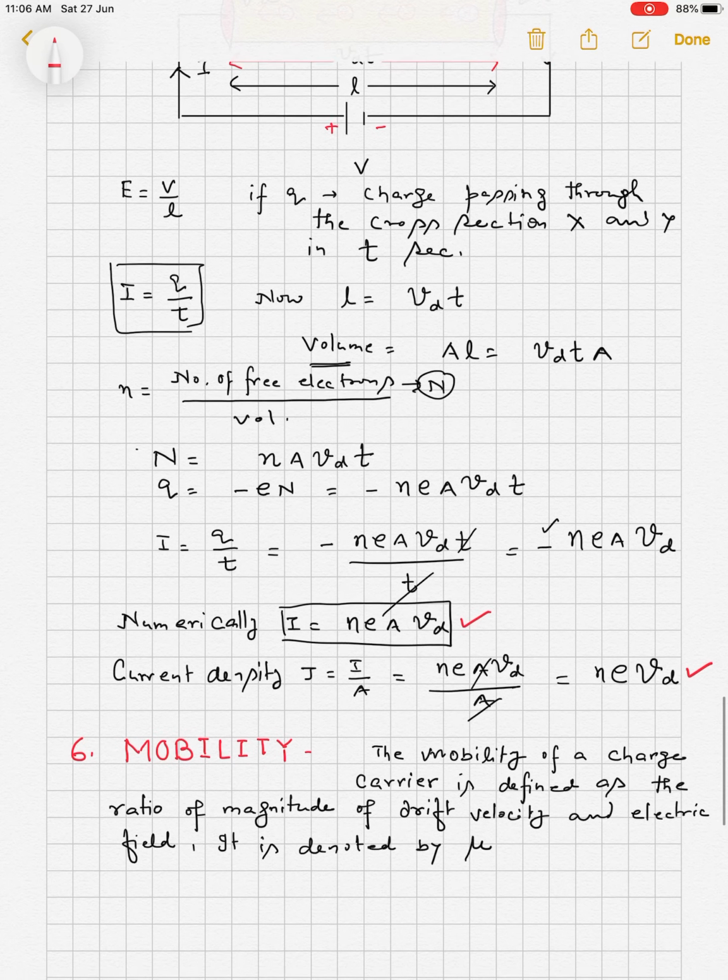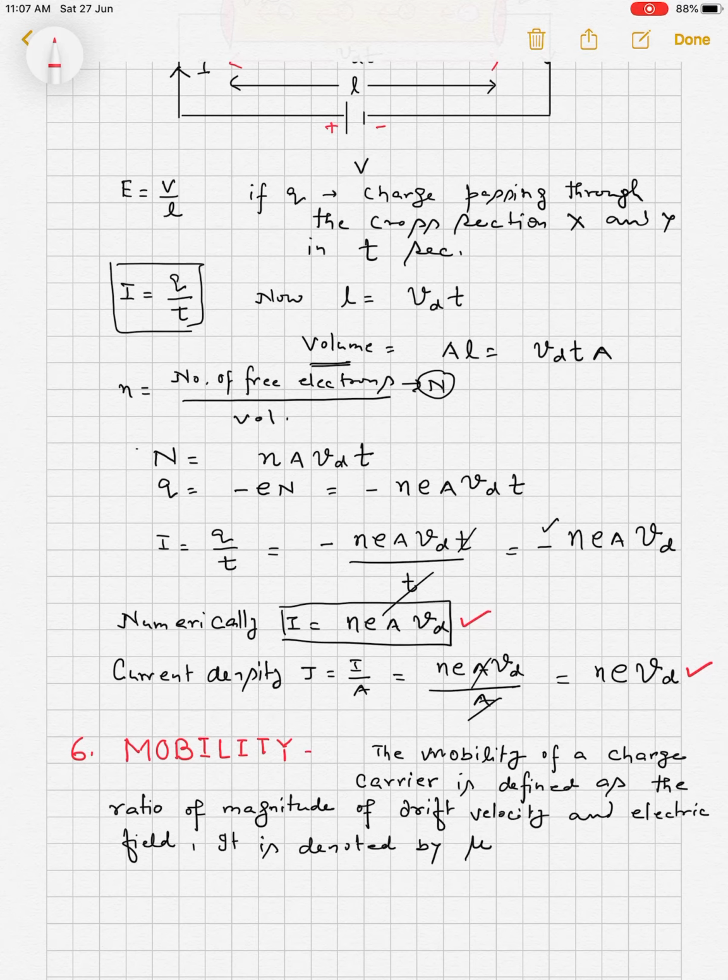Now the last topic of today's video is mobility. Mobility of a charge carrier is defined as the ratio of magnitude of drift velocity and electric field.